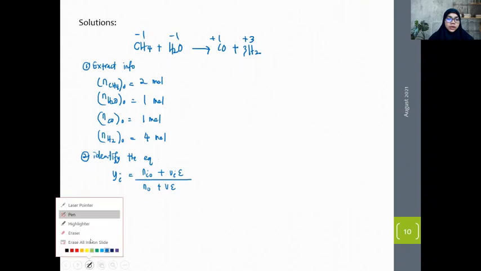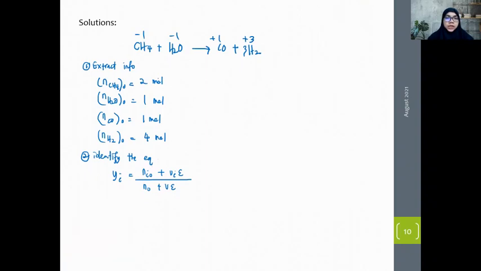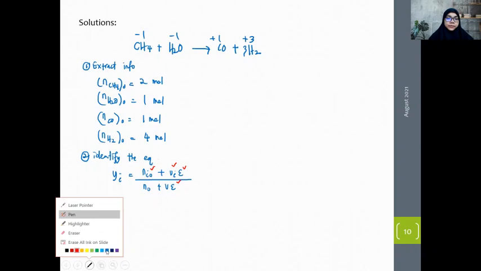What are the available information from this expression? The initial moles are given. We also have the stoichiometric number for each species, and since it is expressed based on the reaction coordinate, we consider this done as well. So we need to determine the total number of moles and also the total stoichiometric number.